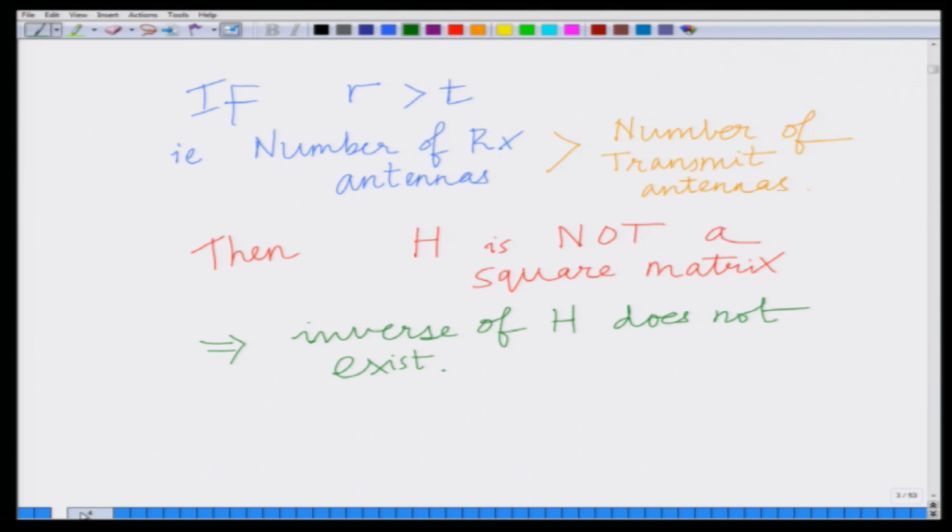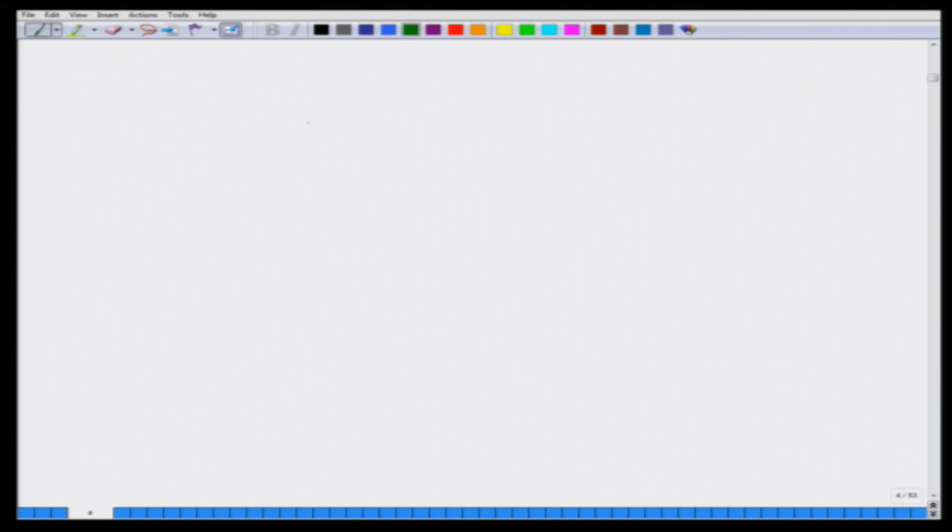And that is why we need a special concept, or a specialized architecture for this MIMO receiver, which we are going to discuss below. Now, let us look at what is happening when R is greater than T. Let us look at this system of equations, Y bar equals H X bar.